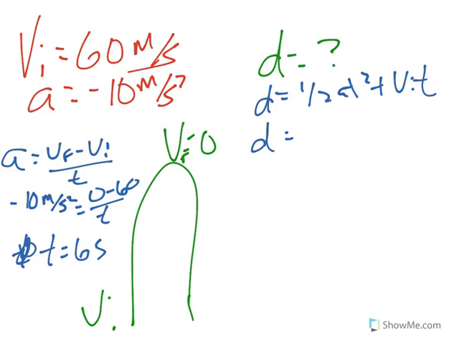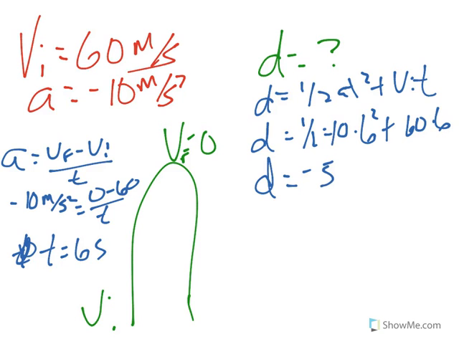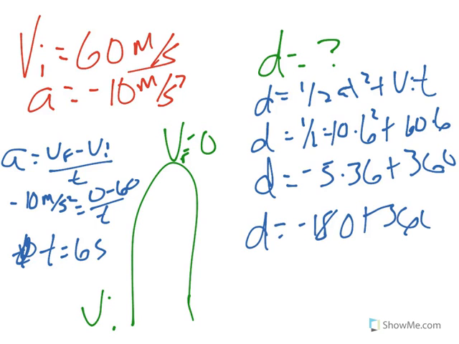D is equal to 1/2 times negative 10 times 6 squared plus 60 times 6. Don't forget your negatives. That should be negative 5 times 36 plus 360. And that gives us D is equal to negative 180 plus 360, or D is equal to 180 meters.